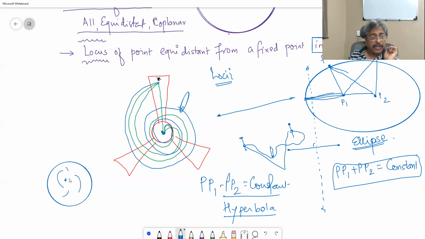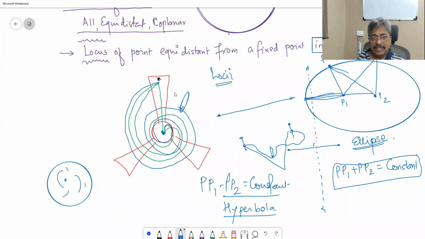Every point on the sphere is a locus. Do you understand the meaning of locus? Very important. You have to have some algebra associated with the locus property of that geometry.